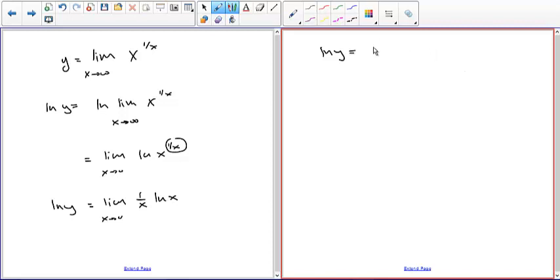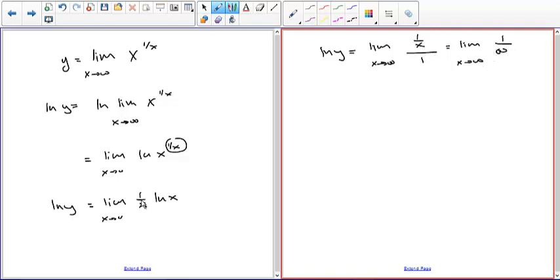The way I would do that is I take the derivative of the numerator, so I get 1 over x, and the derivative of the denominator is 1. So that becomes the limit as x approaches infinity of 1 over x. If I plug in infinity now, it's not indeterminate anymore.